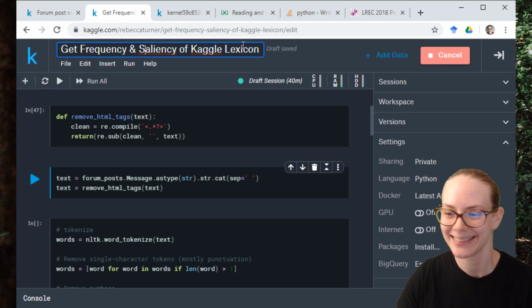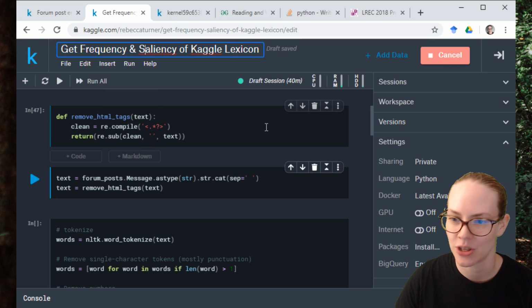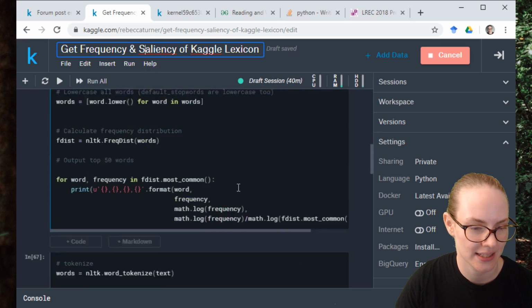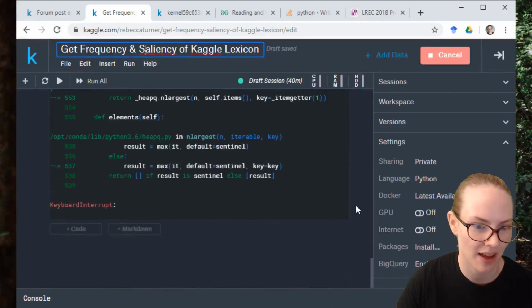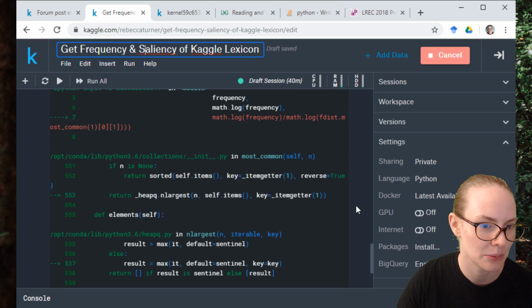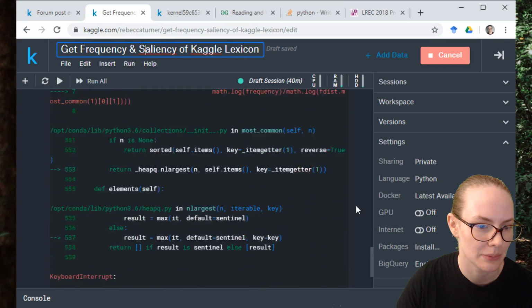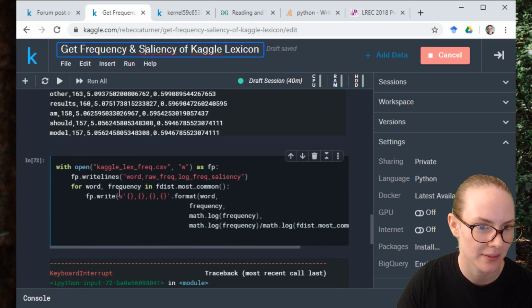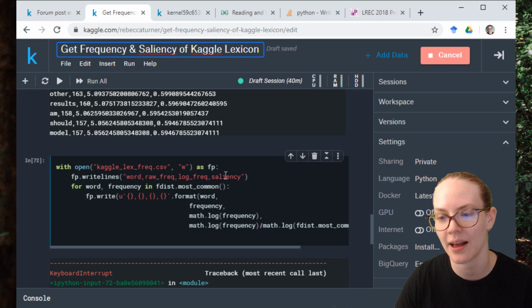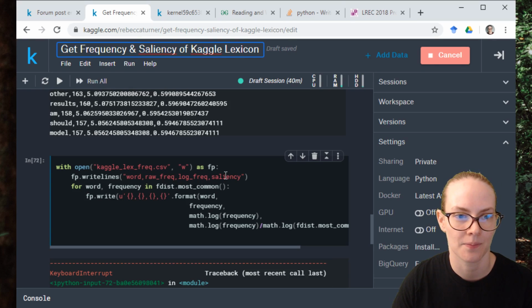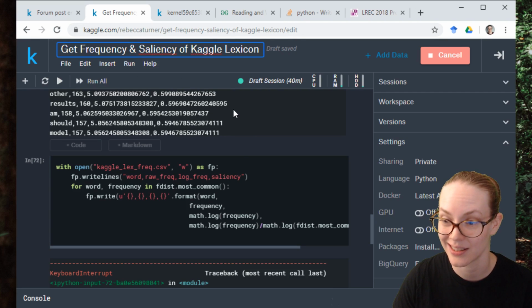All right, and when this is done, we should have a really nice CSV file out. Keyboard interrupt. Okay, I think it did run. Okay, we should have a really nice file out that is CSV and machine readable, etc. And it's going to take a while to run, but I will make this public.